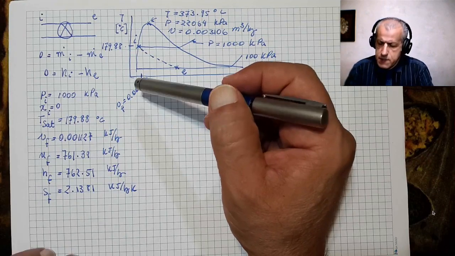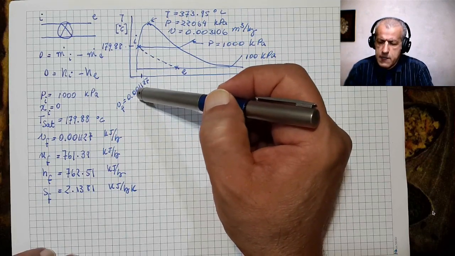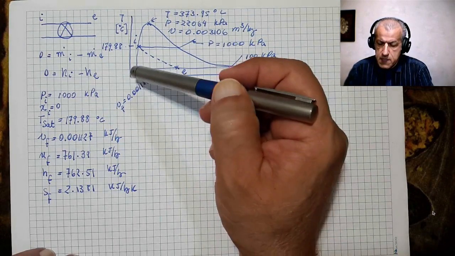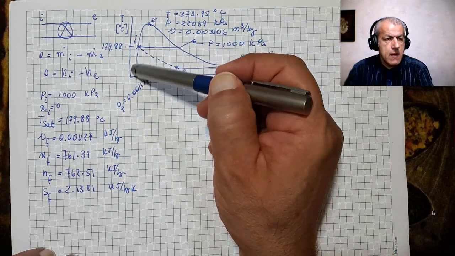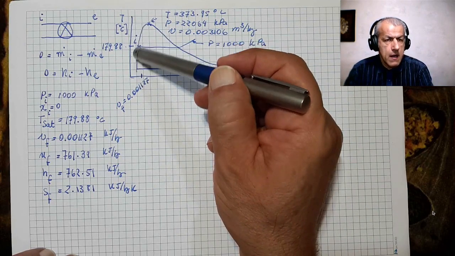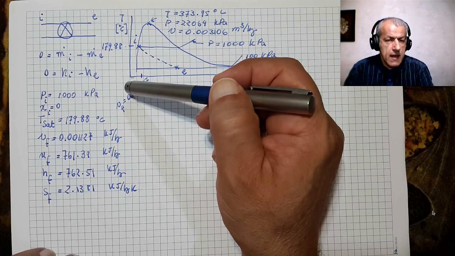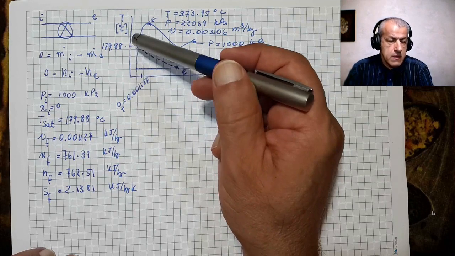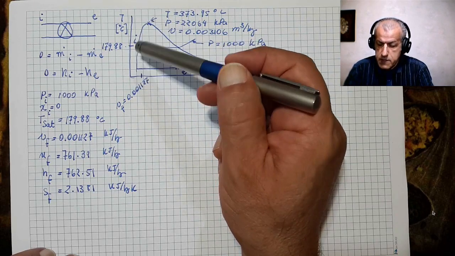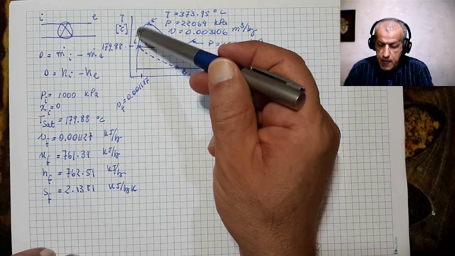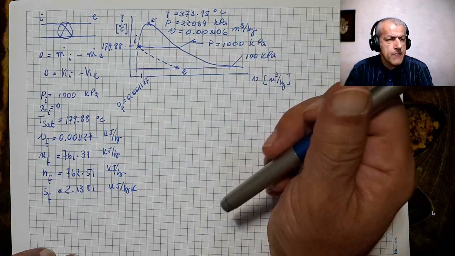You see, this is 0.001 and this is 0.003. So basically, this line should be a vertical line here, and we just draw it like this just for clarity and to make it distinguished. Otherwise, there's not much difference between points around this line.